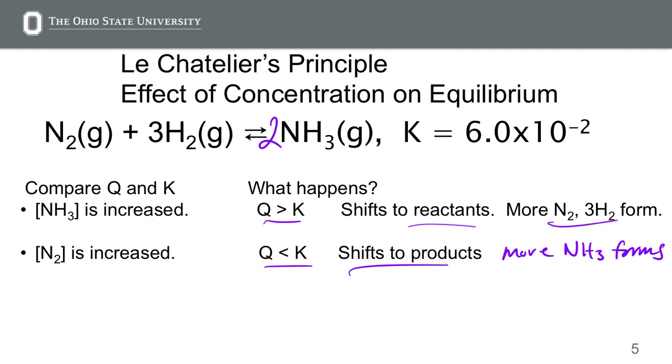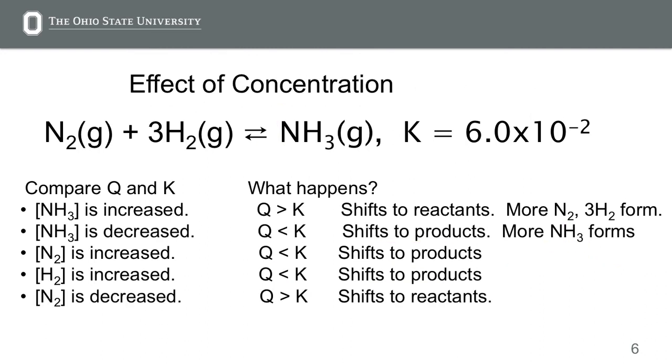Okay. Now we can affect any of the reactants and products, increase or decrease their concentrations, and we should be able to predict how that affects the equilibrium. So if we somehow remove ammonia from the system, that's going to drive the reaction forward, so we're going to produce more ammonia.